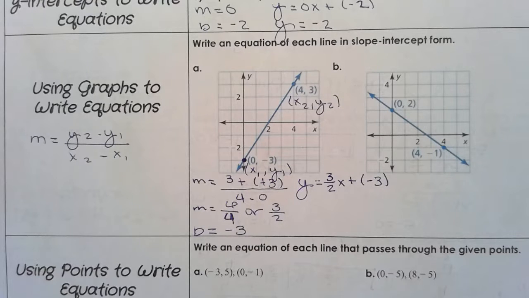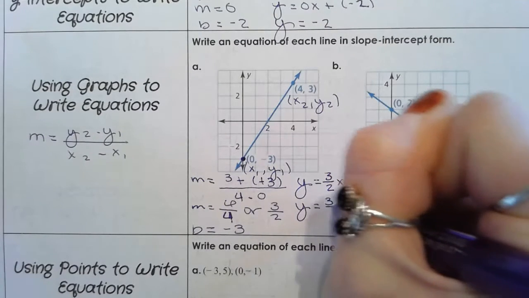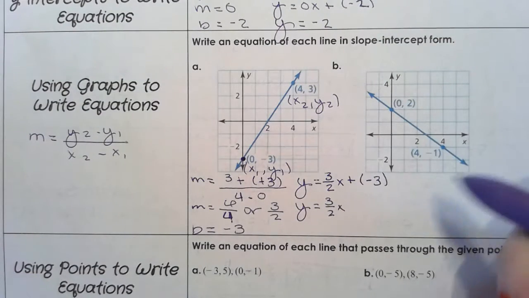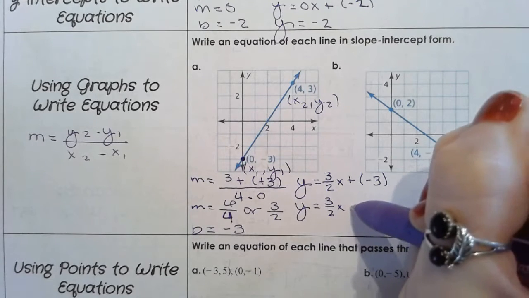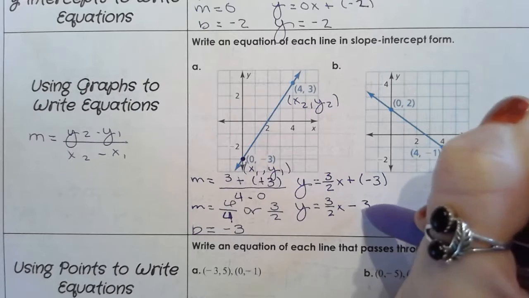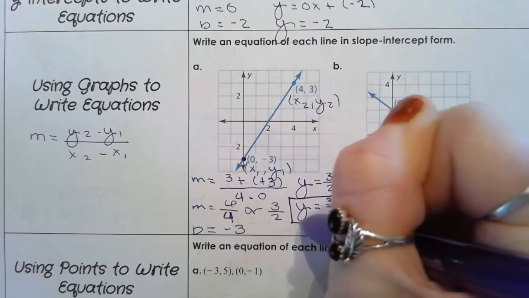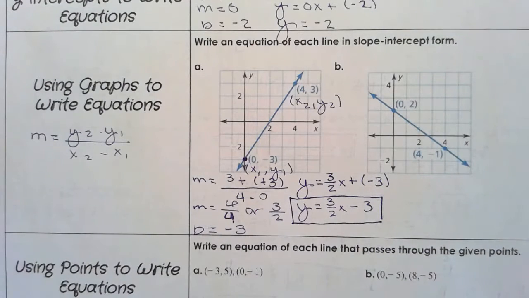Also, I know that anytime I'm adding a negative, I can just simplify this further to be y equals 3/2 x, because I'm not changing that. But if I'm adding a negative, I'm really just subtracting. So I can have 3/2 x minus 3. And that is my equation. All right, go ahead and pause the video again. See what you come up with for part B.